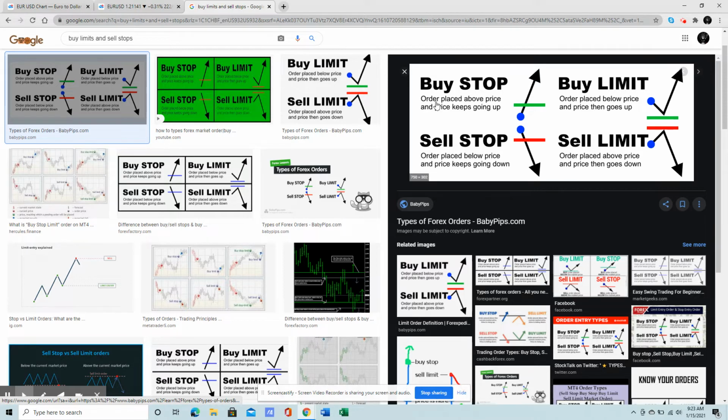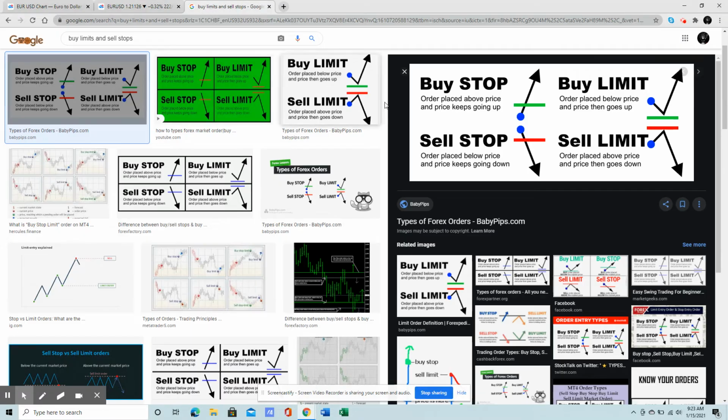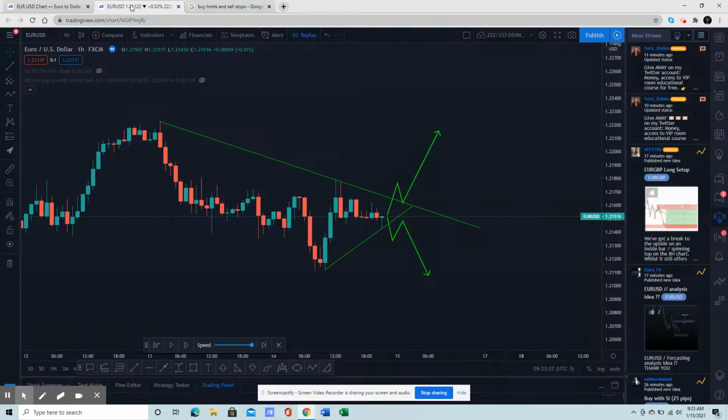It'll help you. So for an order placed above the price that keeps going up, we're going to put a buy stop. So buy stop goes here. We want to do a sell stop down here because I was going to sleep.